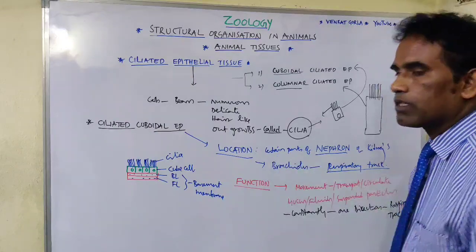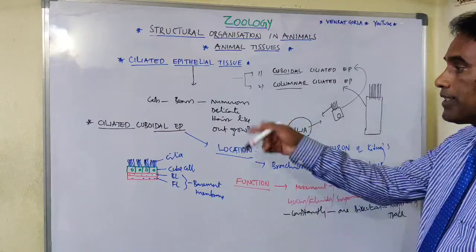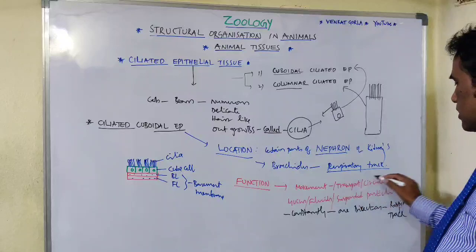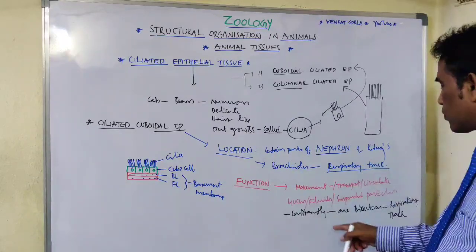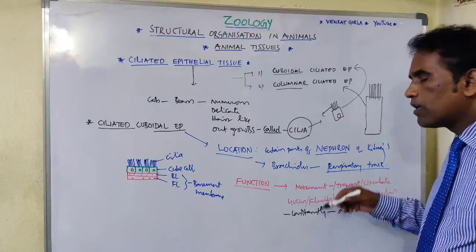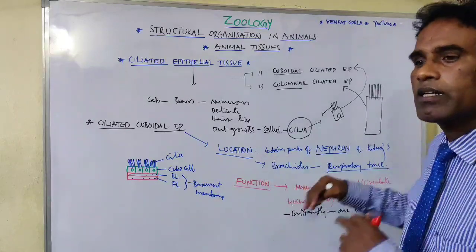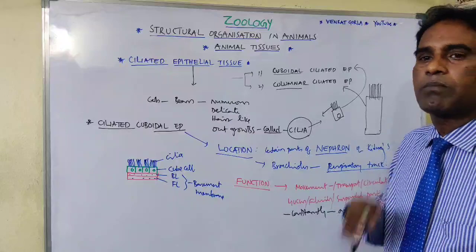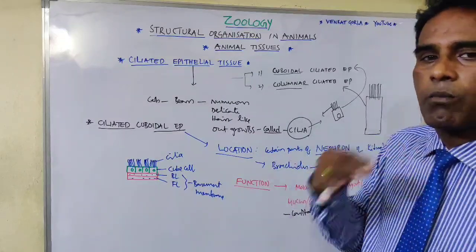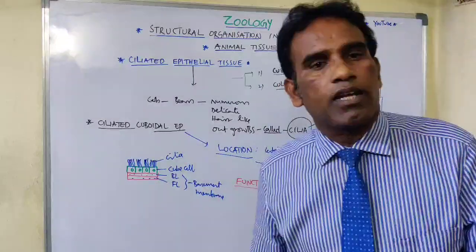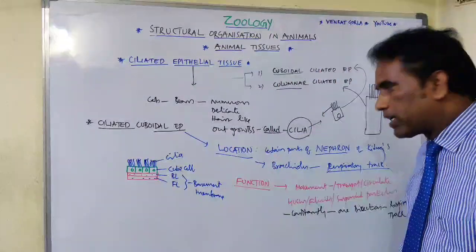So the movement of the cilia helps to transport mucus, fluids or suspended particles constantly in one direction, from the larynx, trachea, bronchi and bronchioles to the alveoli and lungs. So it keeps on moving.